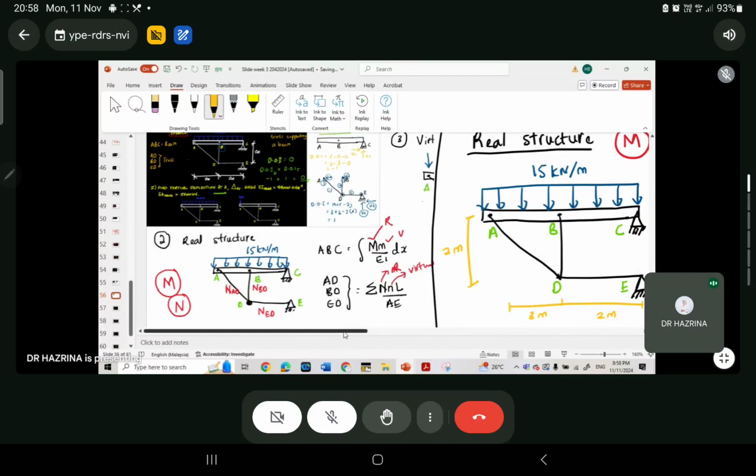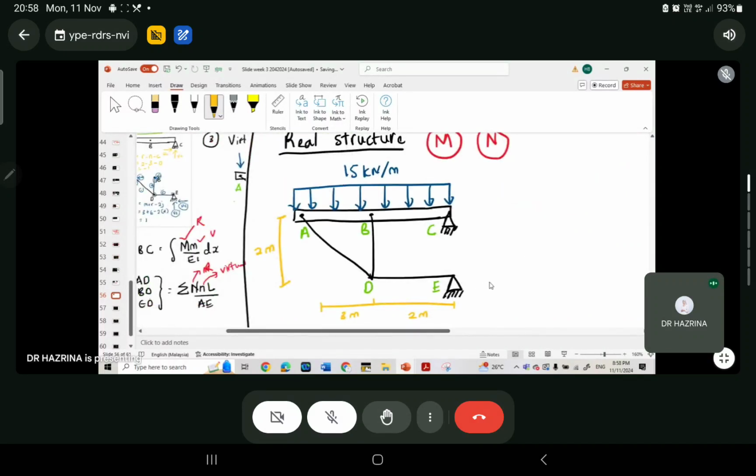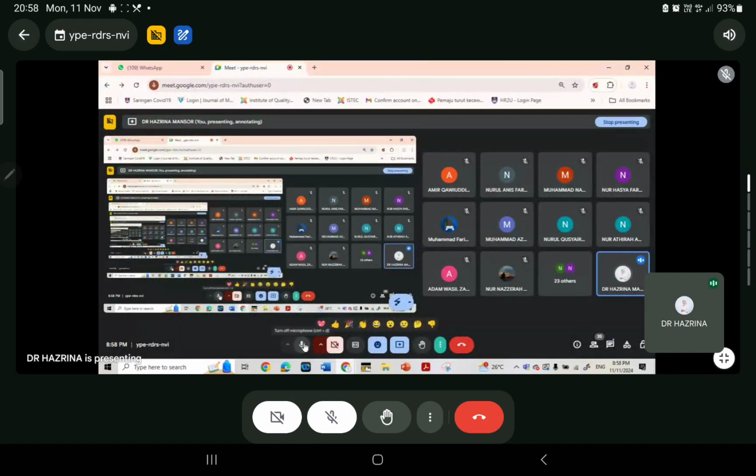Okay, so now within 3 minutes, actually I give 5 minutes. Please find the reaction forces for this particular structure. Come on, off you go. 5 minutes. Make sure you do it because I will call randomly.